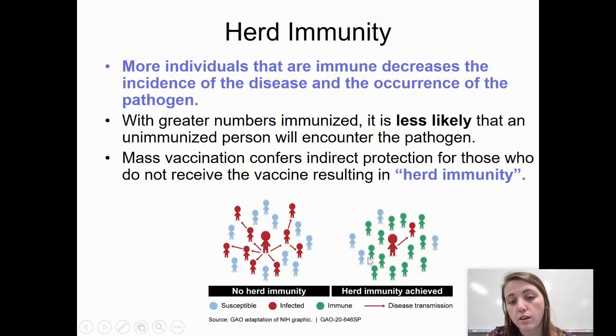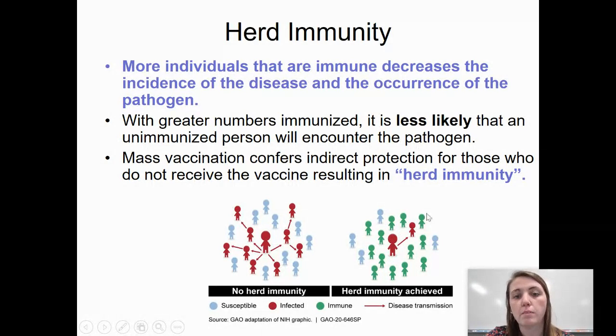But if we have a bunch of vaccinated or immune individuals in a population, then it's less likely for that disease to spread. Now you can see in this diagram, not everyone is vaccinated. That's like the real world, right? Not everybody's vaccinated. But if the majority of people are vaccinated, it makes it less likely for the infection to spread.